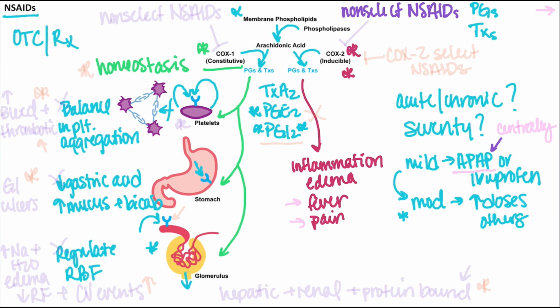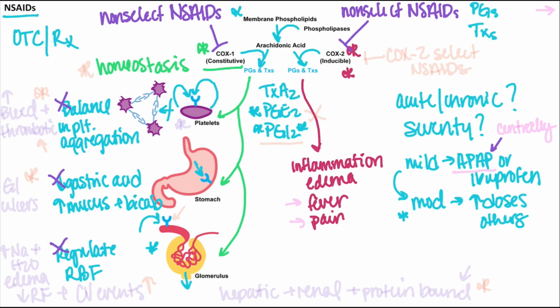And these agents are going to inhibit COX-2 enzymes, which remember is our primary target. But also, unfortunately, these agents are also going to inhibit our COX-1 constitutively expressed enzymes as well. And this is going to lead to imbalances in all of these homeostatic processes, as well as other homeostatic processes that are not included on this slide.